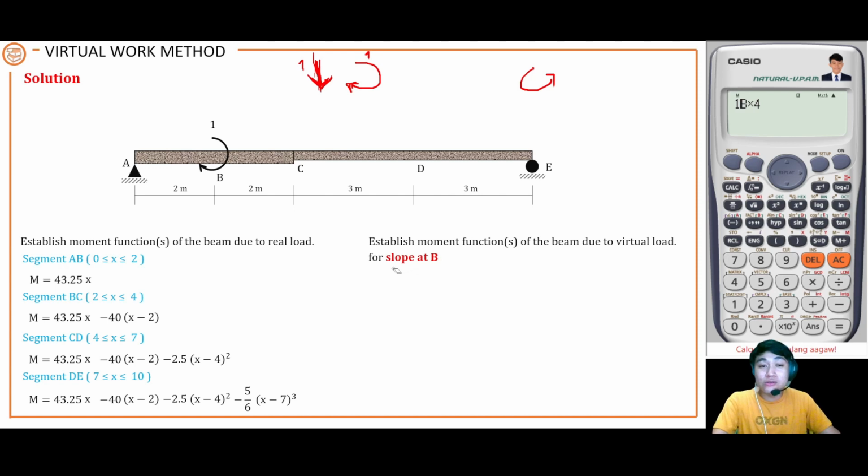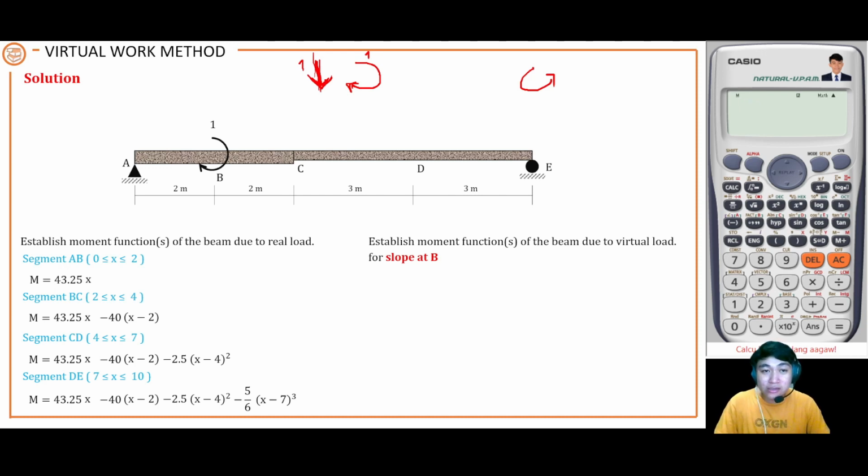So now, since you already have a 1 unit moment, let's calculate the reactions at the supports. Let's sum moment at E to get the reaction at A. Let's assume an upward force.